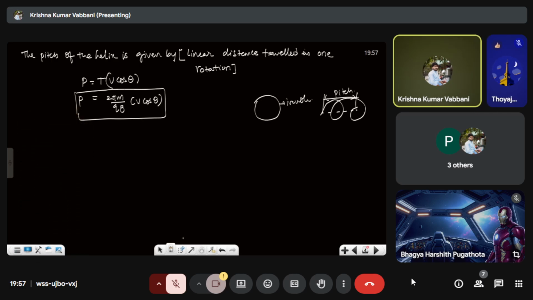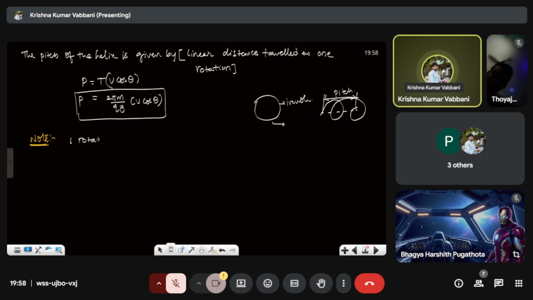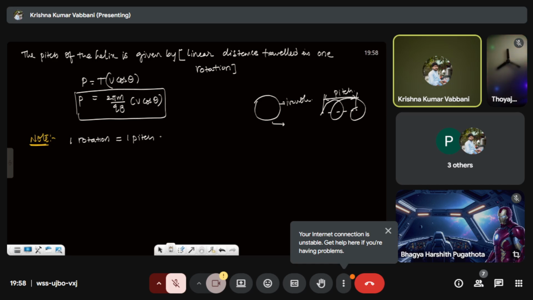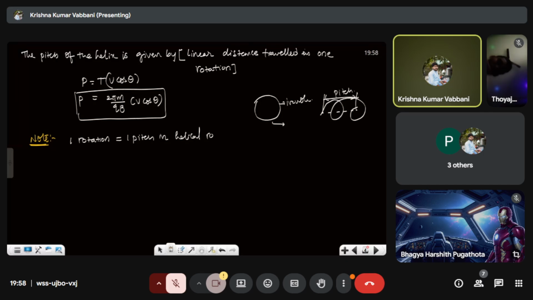Okay. So there are a few note points, and these points are very important. Please remember, I already told you. One rotation in circular motion equals one pitch in helical rotation, helical path or helical motion.